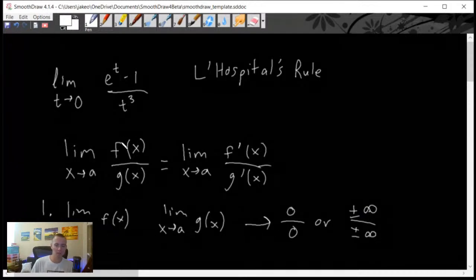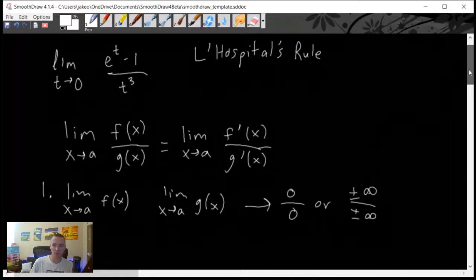So as long as the top and the bottom of this fraction both go to 0, or if they both go to positive or negative infinity as x goes to a, that's the first condition. We know that we may be able to use L'Hôpital's Rule.